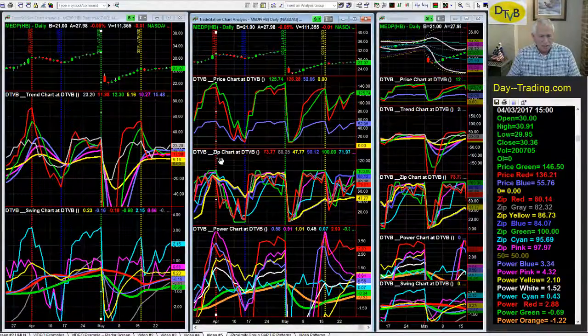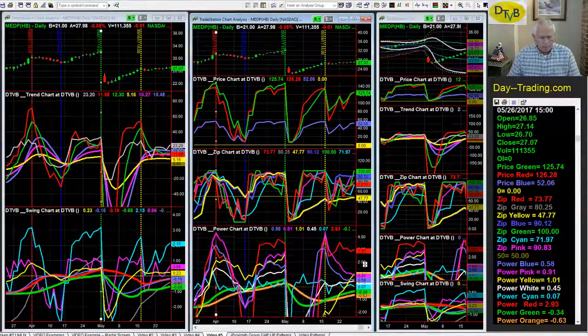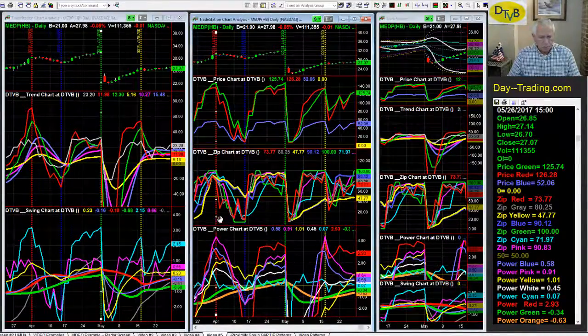But in this case here, obviously it was slow to go down, and it only went down a couple dollars in about 8 days. So it tells you the truth, but you also had power pink highest, which tells you that you're typically going to go down as soon as you see the TOC, which would be the day after the red vertical line. But in any case, you got the divergence.